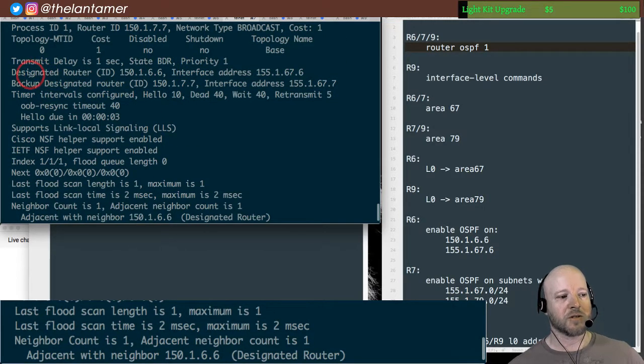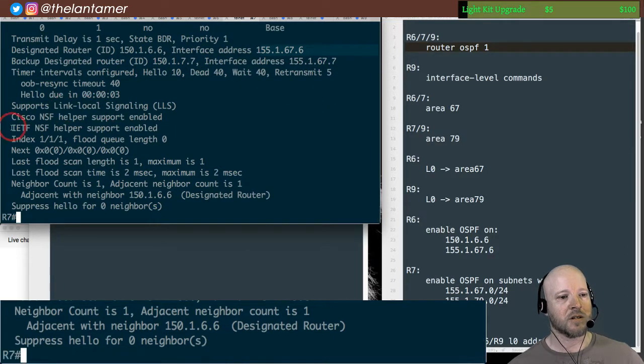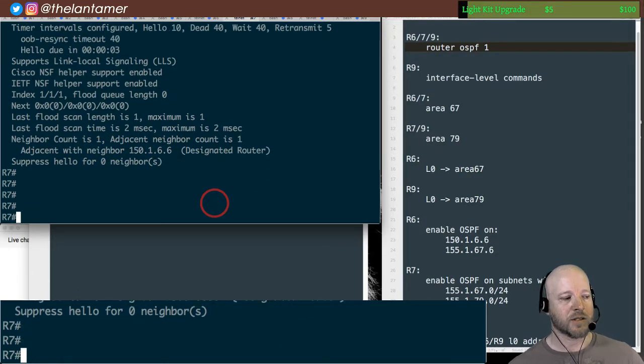And it will also show you in this command who the designated router is and where he can be found, right? Your time intervals, retransmits. So a lot of good info here. Last flood scan length, neighbor count, and adjacency with this designated router. Okay, good stuff.